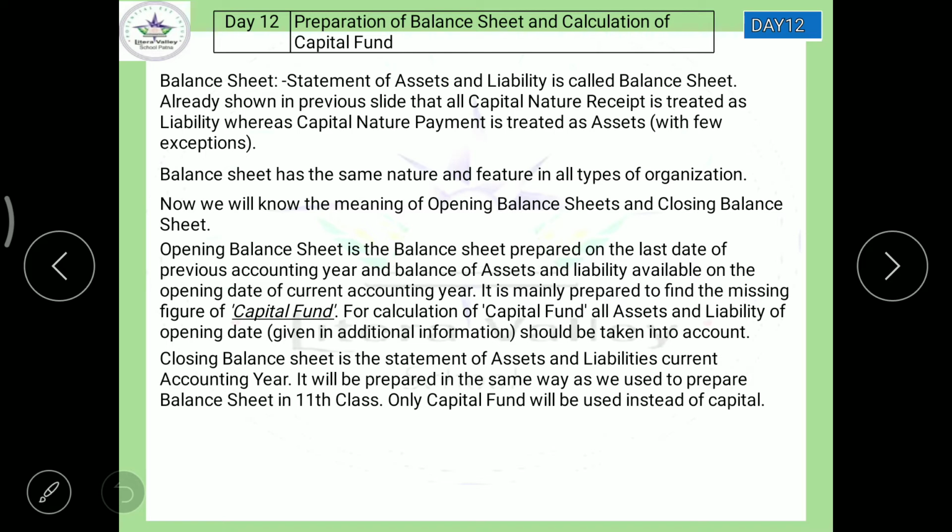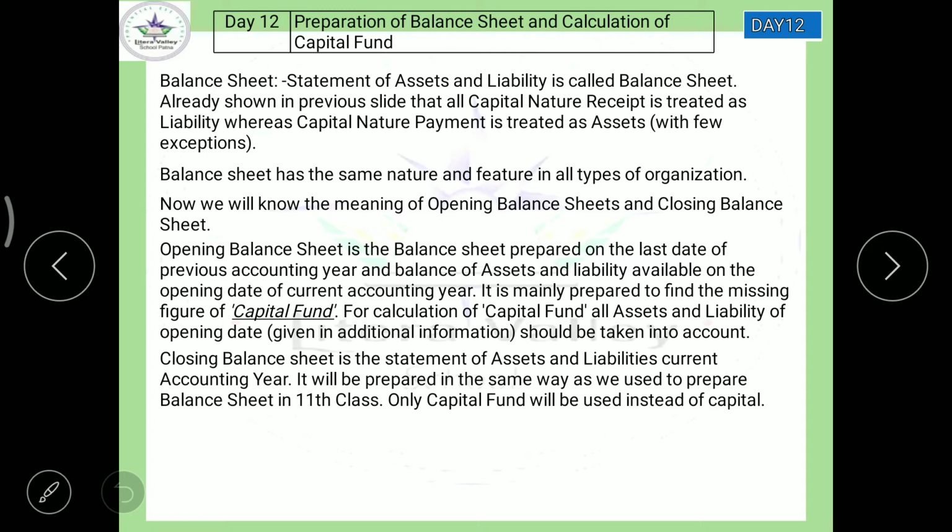For example, you have closed the year in 2019, so it is the closing balance sheet for 31st December 2019. Now on 1st January, the same balance sheet of 31st December 2019 will be treated as the opening balance sheet for 1st January and for the year 2020.